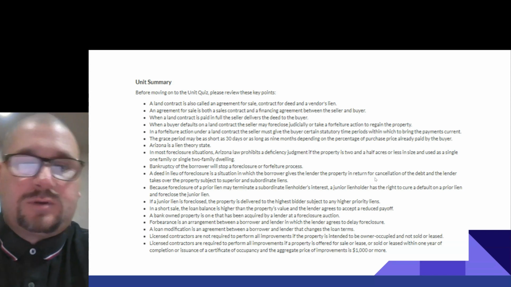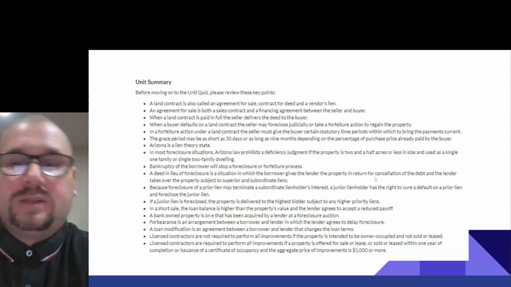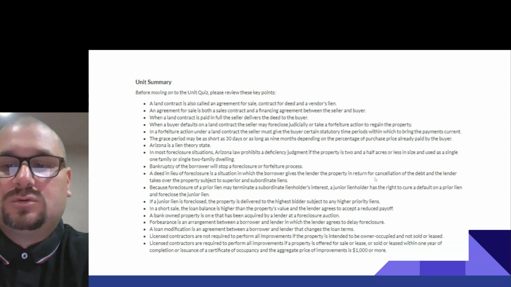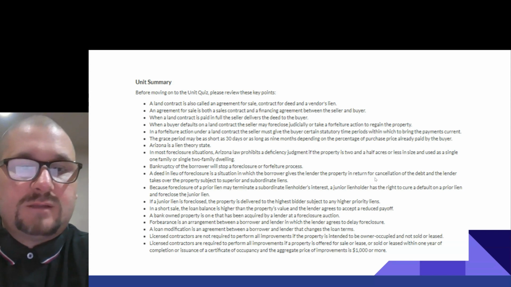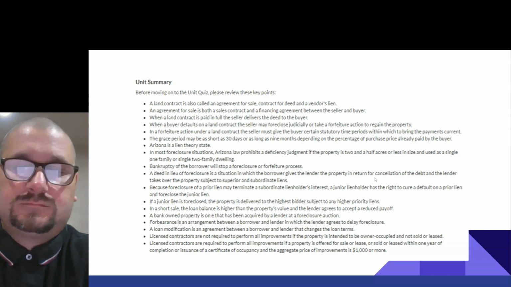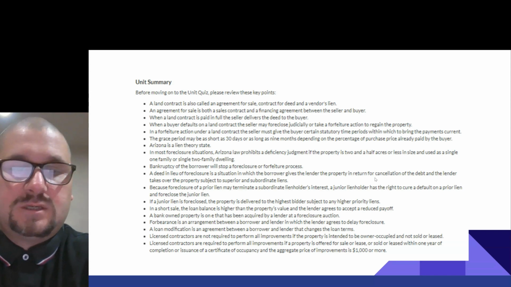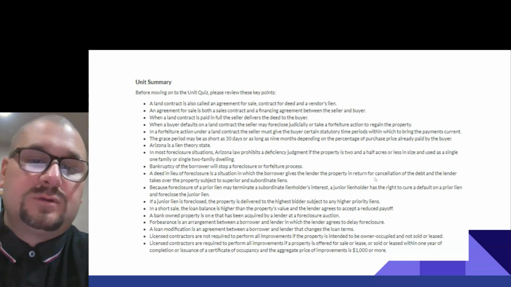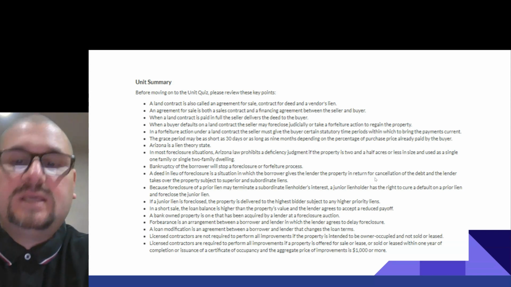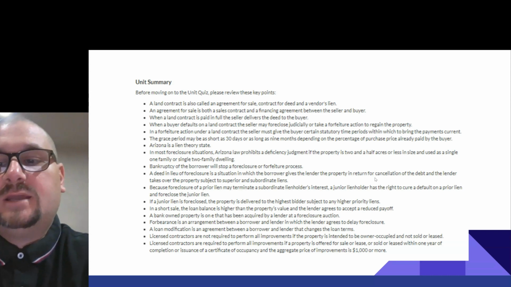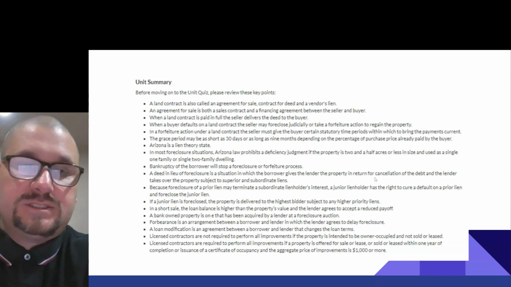Licensed contractors are not required to perform all improvements of the property. It is intended to be owner-occupied and not sold or leased. So again, licensed contractors are not required to perform all improvements if the property is intended to be owner-occupied and not sold or leased.